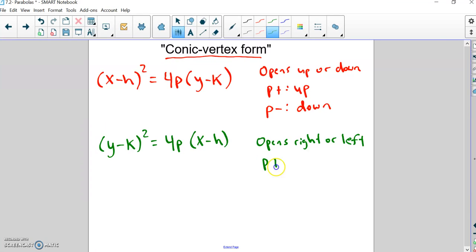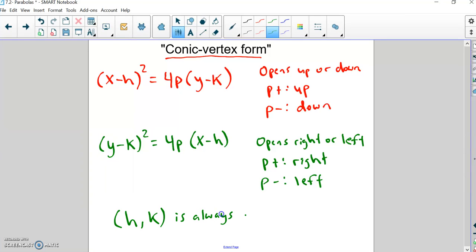If p is positive, it opens right, and if p is negative, it opens left. The only letters that I have not accounted for yet are h and k, and (h, k), just so you know, is always our vertex.